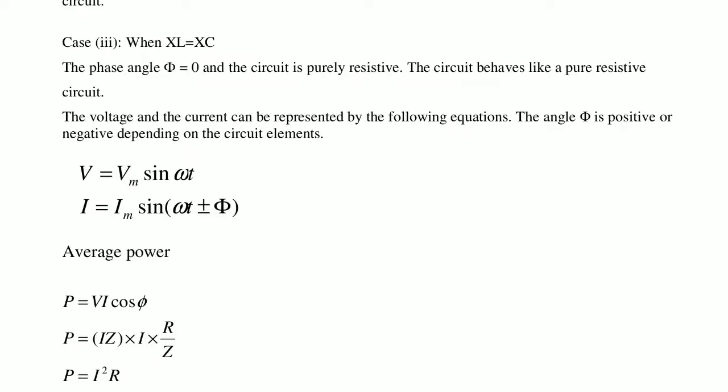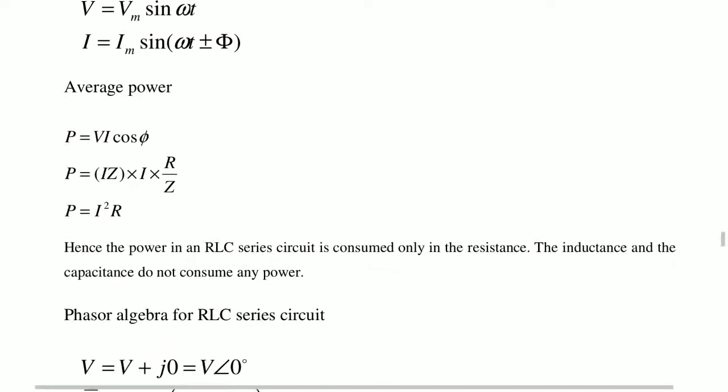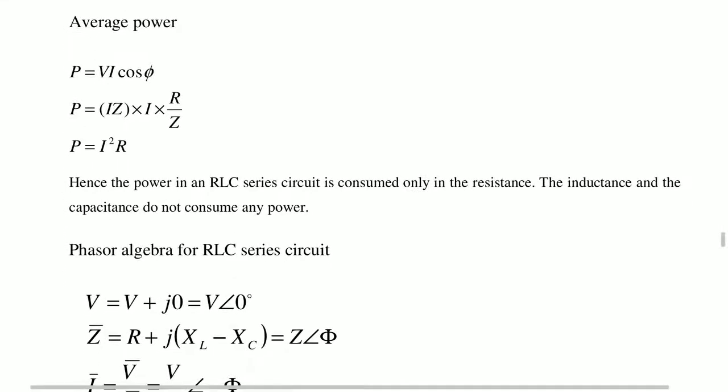Now the instantaneous equations: voltage v is equal to Vm sin omega t, i is equal to Im sin omega t plus or minus phi. Now, what about average power? In single phase, power is VI cos phi, but not VI. So here power is equal to VI cos phi.